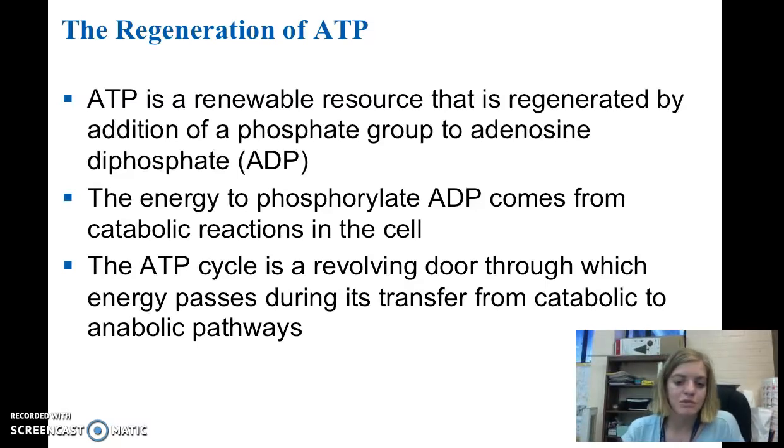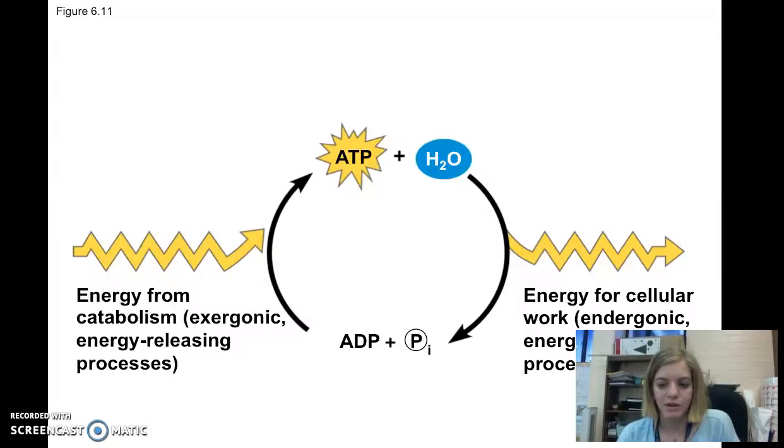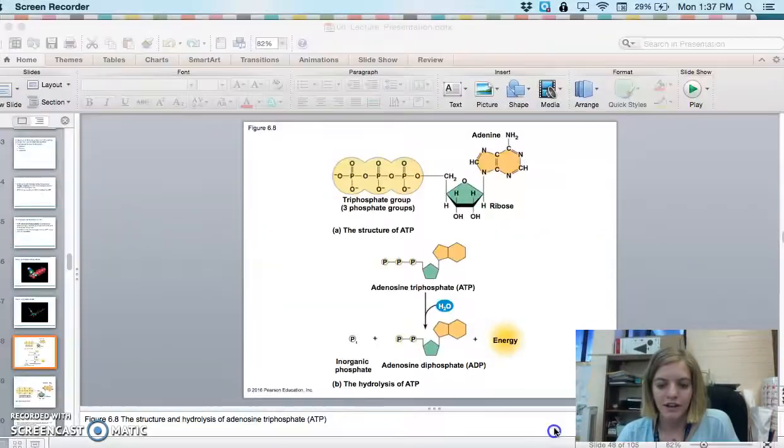ATP is consistently moving as energy. It gets transferred to start a reaction, and then that reaction will break something down and provide additional energy for ATP to be regenerated. And this is kind of a graphic form you can see here.